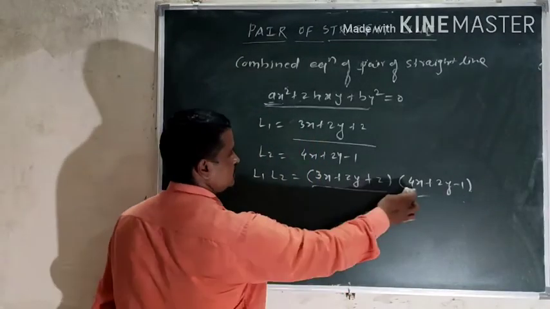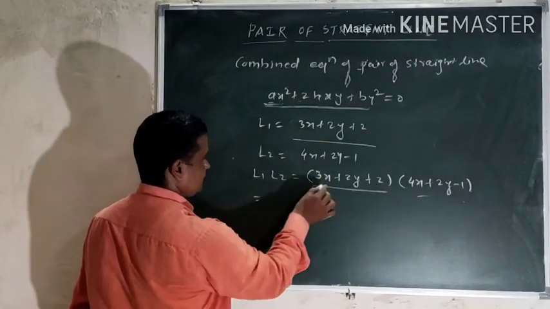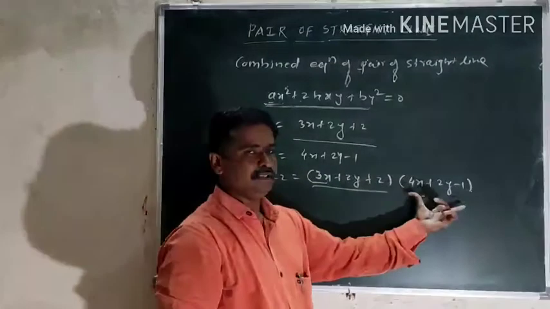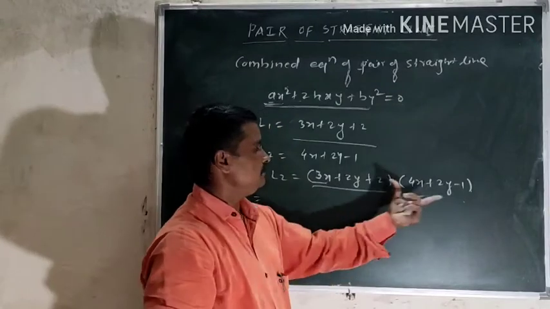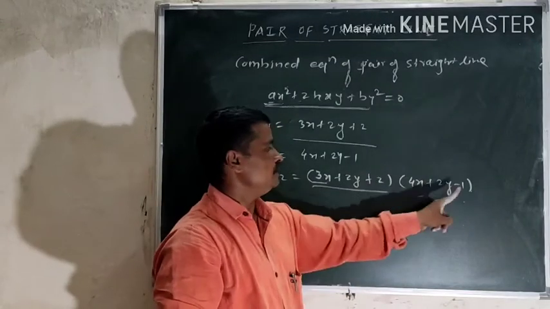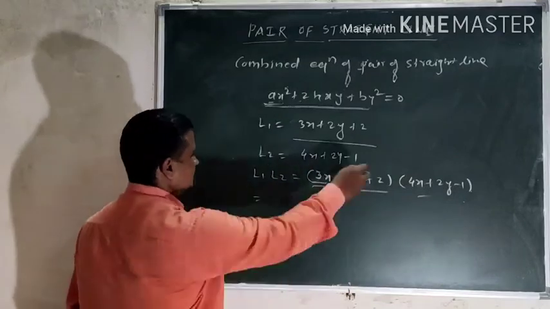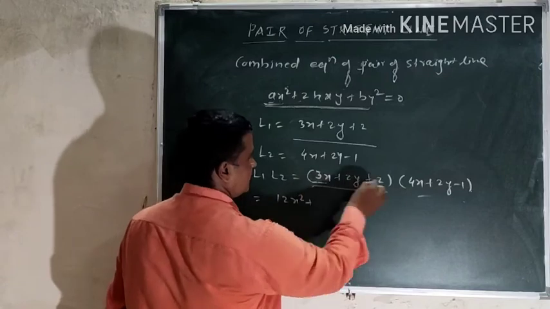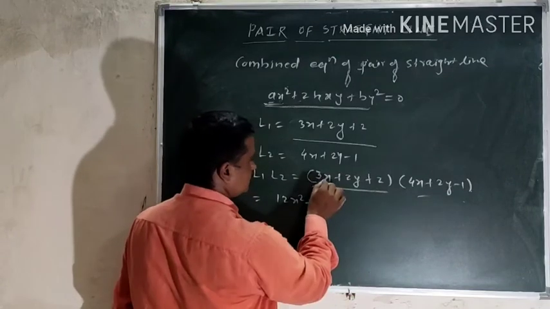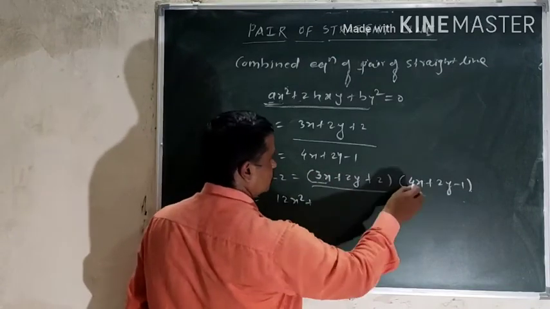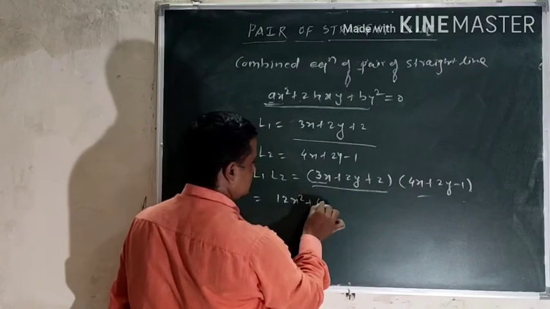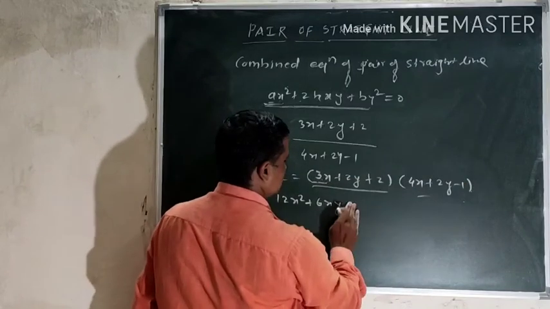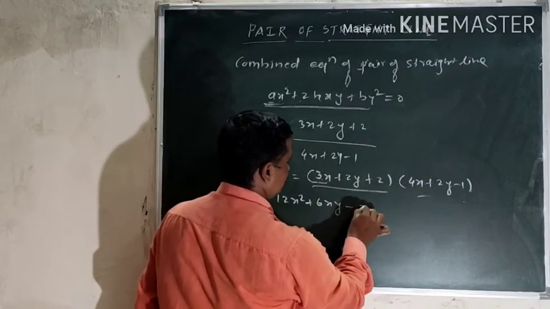So we multiply 3x by this bracket, again 2y by this bracket, and 2 by this bracket. 3x into 4x is 12x square, 3x into 2y is 6xy, 3x into minus 1 is minus 3x.